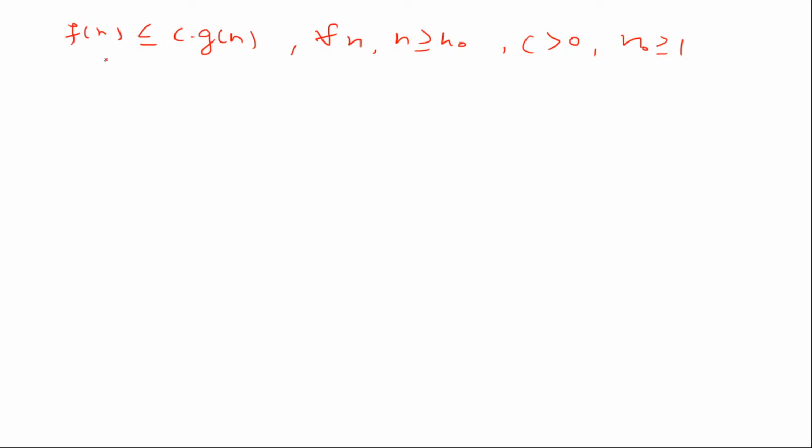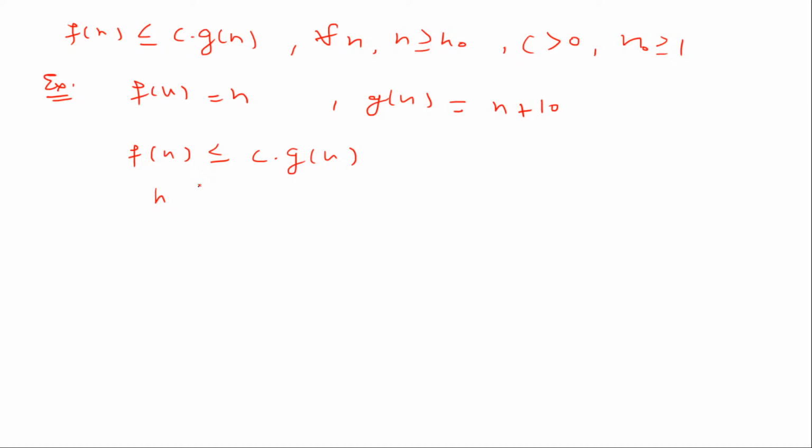Now another example: f(n) is n, g(n) is n plus 10. For big O we have to prove f(n) less than or equal to c dot g(n).